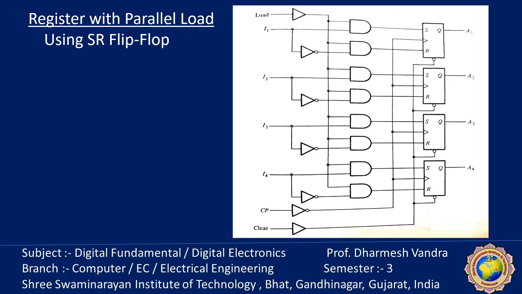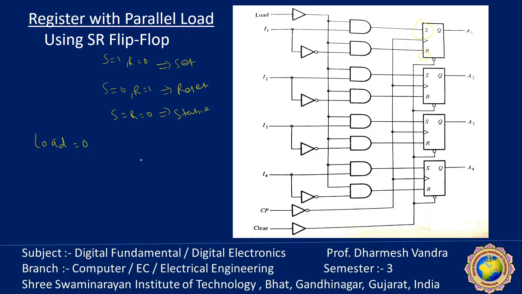Here you can see this is an SR flip-flop. In an SR flip-flop, whenever S is equal to 1, R equal to 0, it sets the output. When S is equal to 0, R equal to 1, it resets the output. And when both are 0, 0, it is stable. So first, whenever load is equal to 0 in this circuit, every AND gate has one input as load.